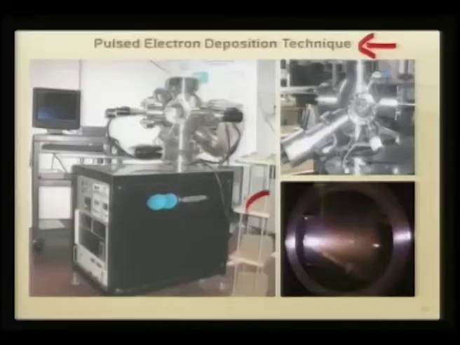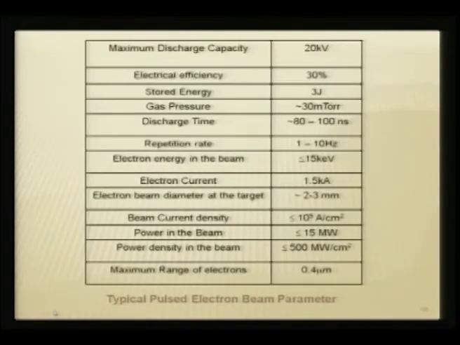Here you are actually trying to house your zinc oxide pellet, and you are trying to ablate this pellet with a pulsed electron beam. Now you can try to make zinc oxide films, and these are the typical PED parameters that one can look for.